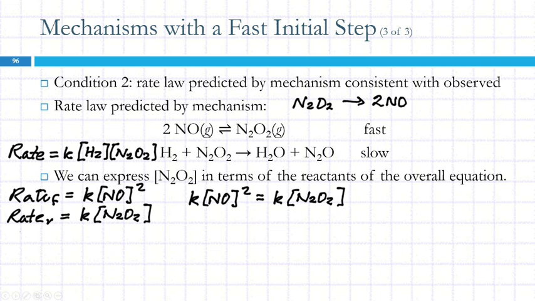And I'm being a little sloppy. The K's cannot all be equal, so let's call this K forward and K reverse, just to point out that they're not the same number. This is the rate law we get from the slow step. The problem child here is the N2O2. We need to get rid of that.